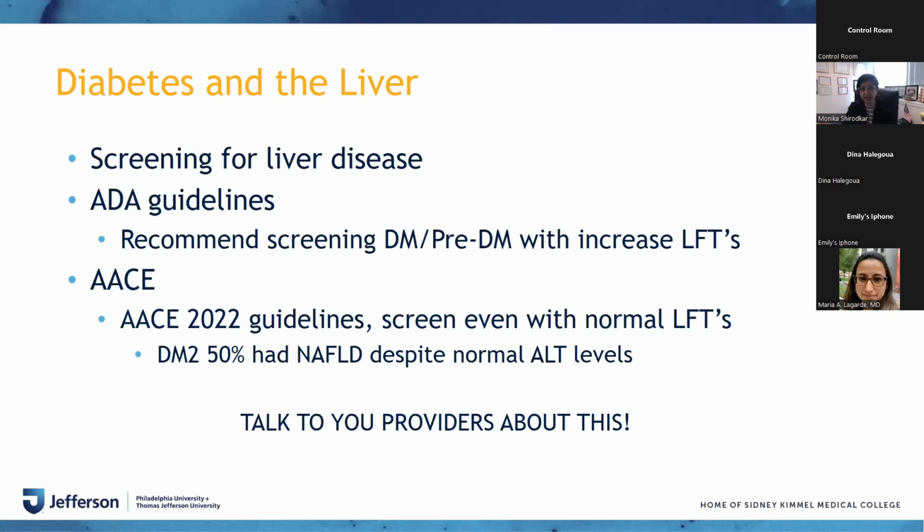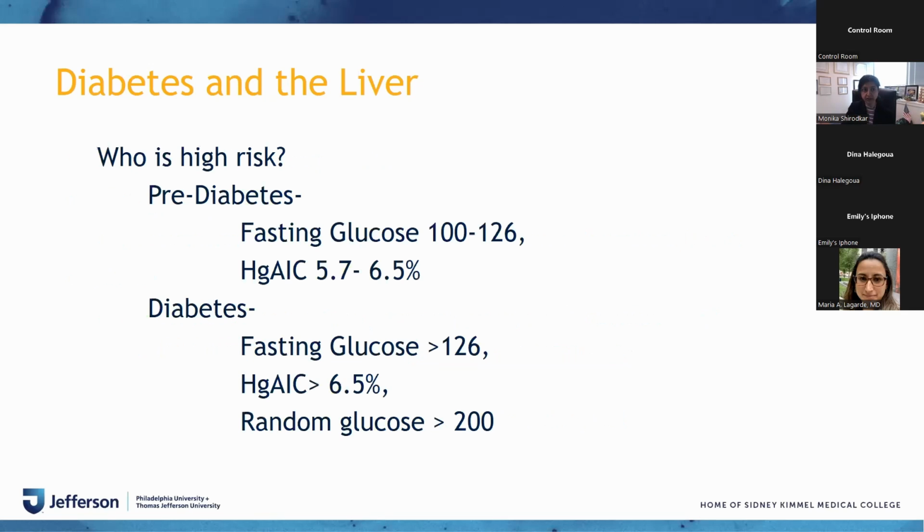And I believe that the ADA, when they come out with the standards of treatment every January, will probably update their statement as well. And the key here is just that we know up to 50% of our diabetics have fatty liver, even with a normal liver function test. So once again, just highlighting that we need to really communicate this.